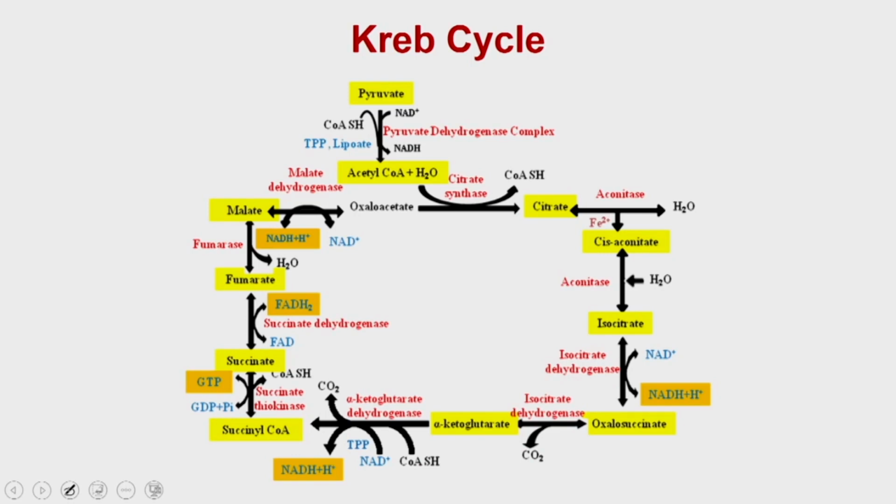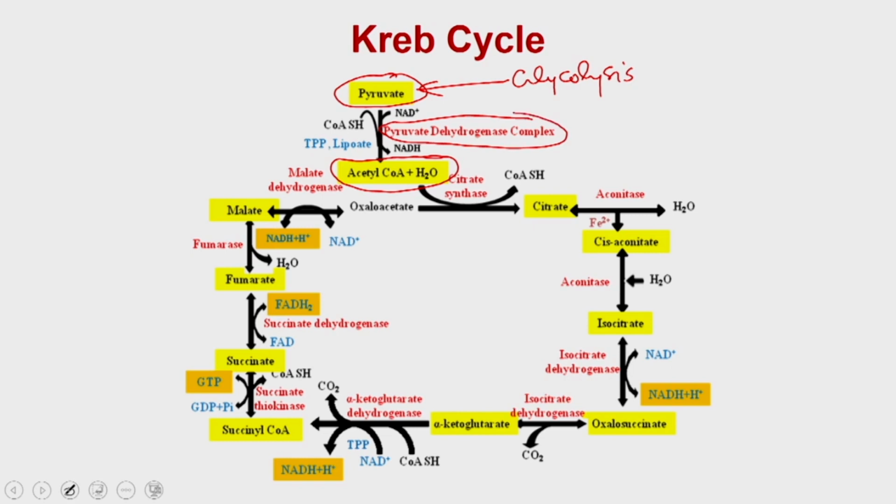As we discussed, the pyruvate, which is generated from glycolysis, is getting converted into acetyl CoA. The enzyme is the pyruvate dehydrogenase complex, and once this acetyl CoA is generated, it is used to catalyze the first reaction of the Krebs cycle.